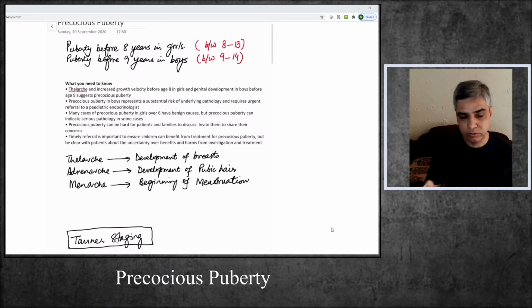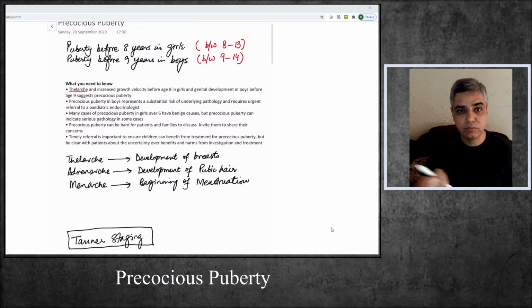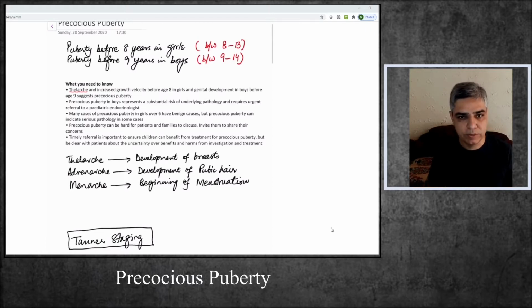We know that in puberty there are so many things: there would be development of breast, development of pubic hair, and an increase in genital size as well. But in particular thelarche, isolated development of breasts, even if that is the case and if it is associated with a growth velocity before the age of 8 years in girls, and if the genitals are developing in boys before 9 years of age, that also suggests precocious puberty.